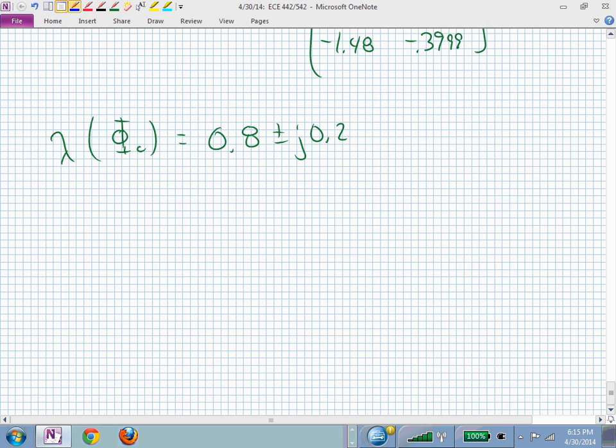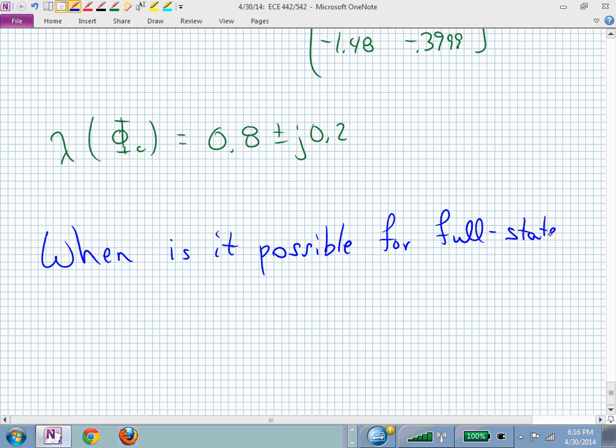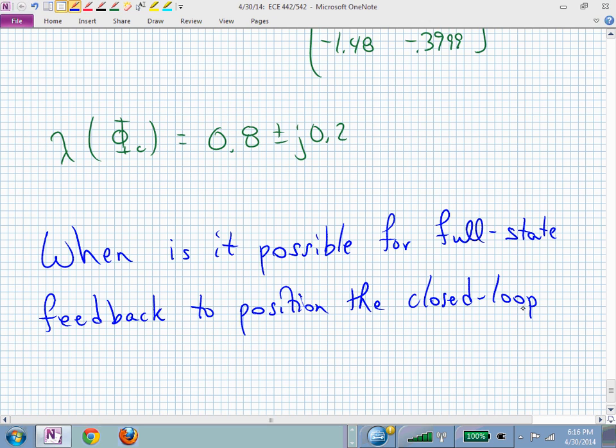When is it possible for full state feedback to position the closed loop poles arbitrarily? And obviously we want to arbitrarily place them in a desired region in the unit circle.